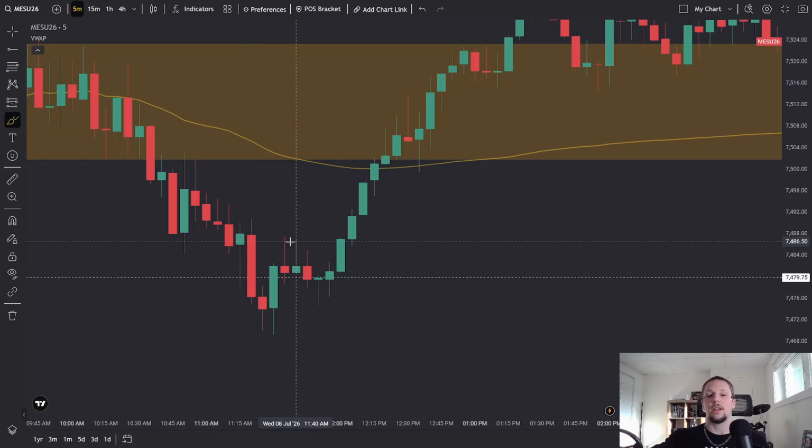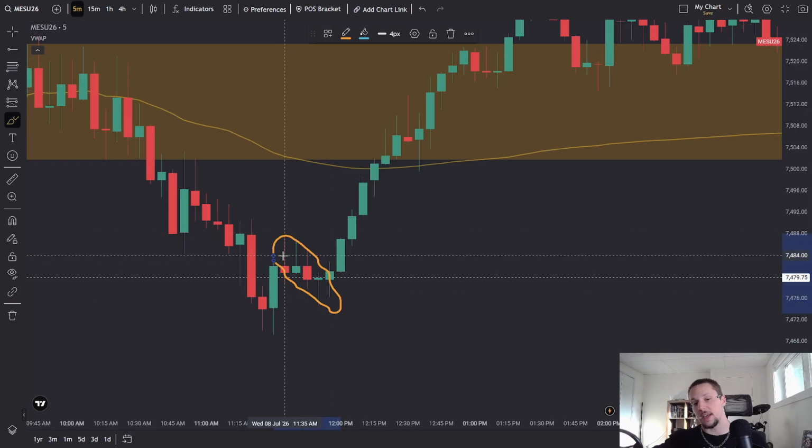What we did get is a back and forth between bullish, bearish, bullish, bearish, bullish again. We didn't get any consecutive candles here, and we didn't get what I call a valid pullback. I would like to see a couple of consecutive bearish candles pulling back after our sign of reversal.